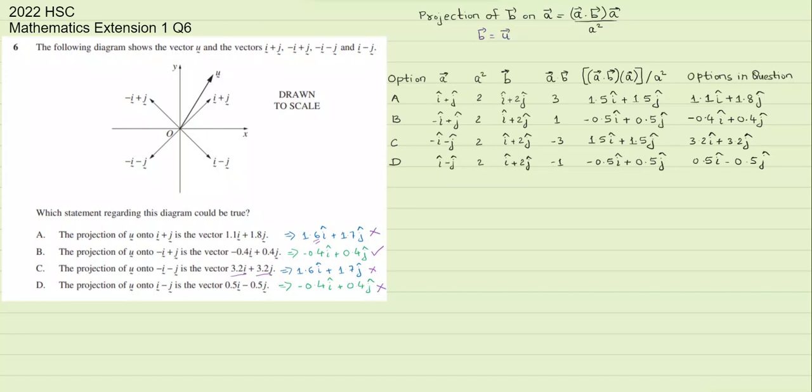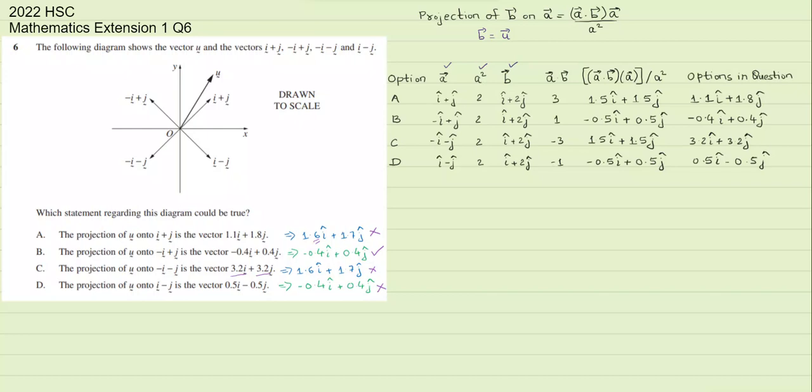I have put all the options given in the question, and let's see one by one. Vector A keeps changing as shown in the column, and the magnitude of A squared comes to the value 2 for all of them, and vector B will be the same in all four options.